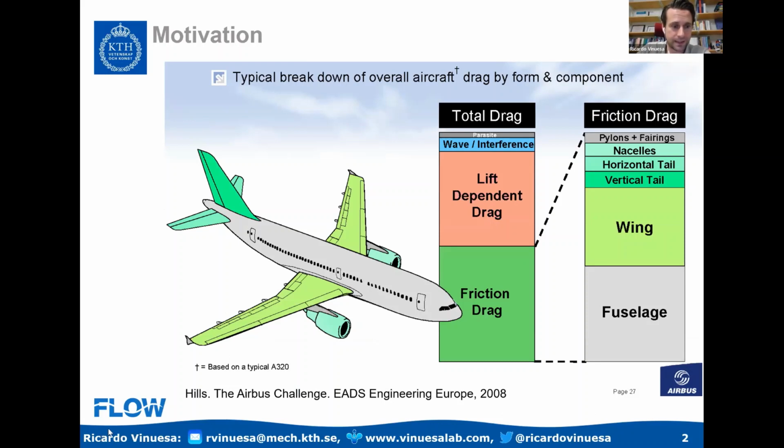As you can see in this slide by Airbus, you can actually look at the different components of the drag in a typical airliner, and around 50% of the drag comes from friction. So looking at turbulent boundary layers is a good idea if you want to understand some of the phenomena associated with drag. And around 40% of the total drag comes from the lift-induced component.